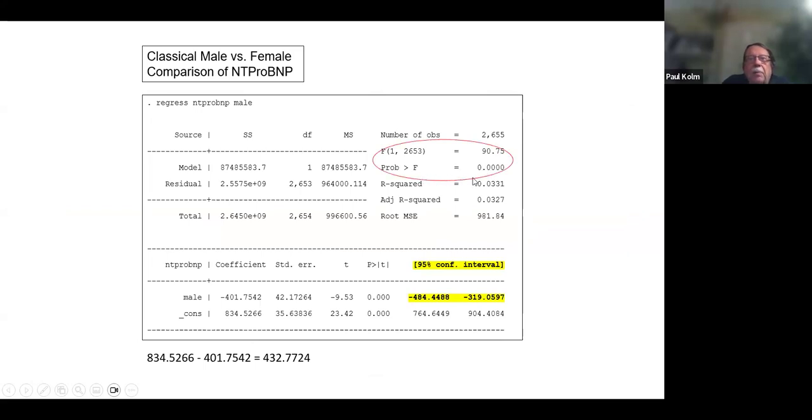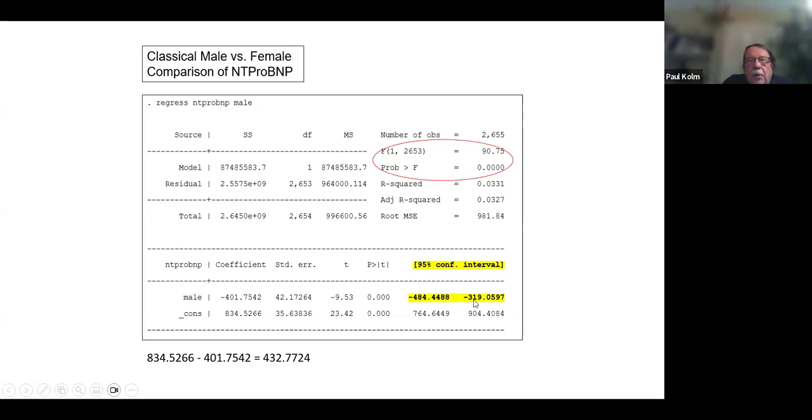It's a very small p-value, and so in this case, we would reject the null hypothesis that there's no difference. But notice the coefficients here, minus 401 for males. So that means that if the patient is male, we subtract 401 from 843, which gives us 432. And now our interval here, we call a confidence interval.